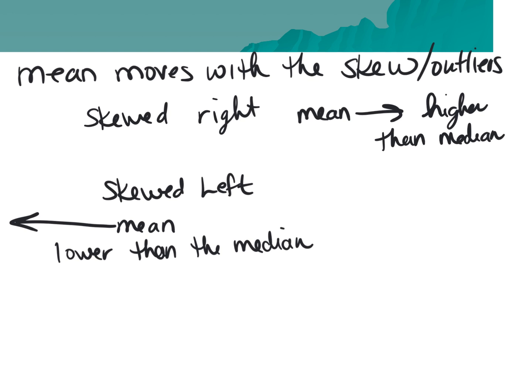But if you add that into the mean calculation, your mean is going to be much higher than it was before, right? And if you add in a height of 40 inches, now your mean is going to be smaller than it was before. So your mean moves with the data, okay, with outliers and skew.